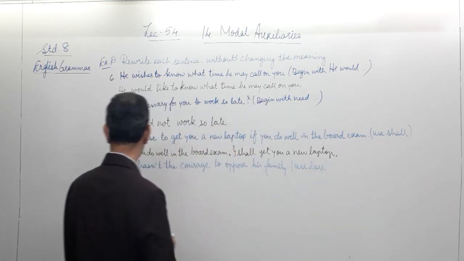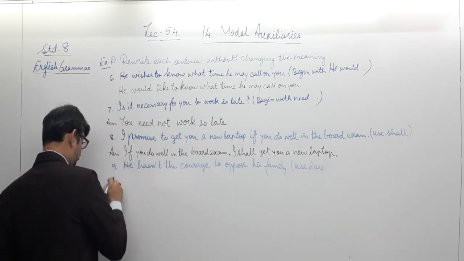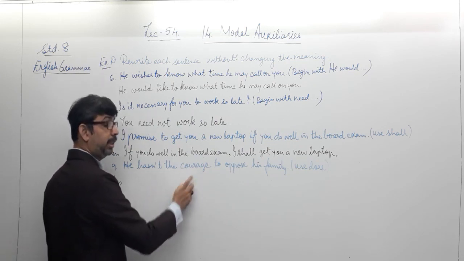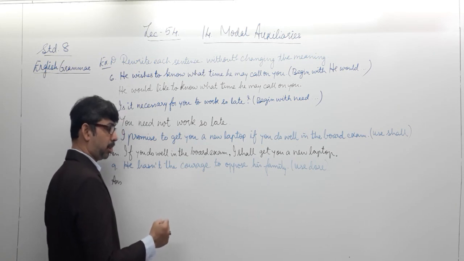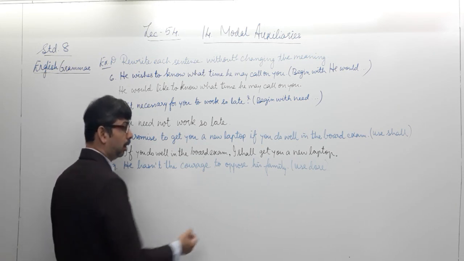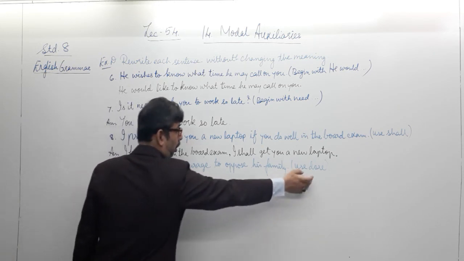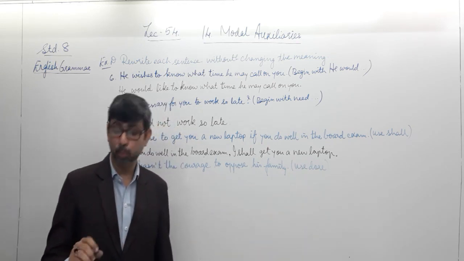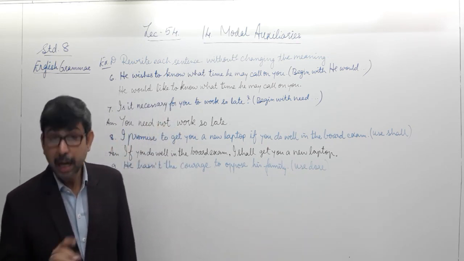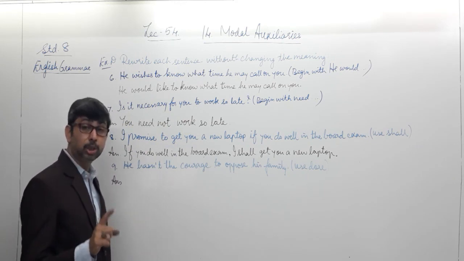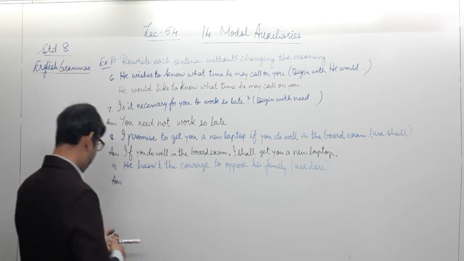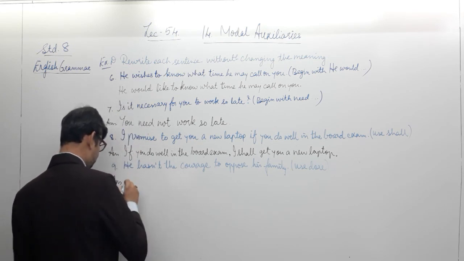He hasn't the courage. It means he does not have that courage, he does not have that strength to oppose his family. Therefore, we will be using the word dare in order to replace the meaning. He dare not. He should not have that much courage to oppose his family. So the answer stands like this.